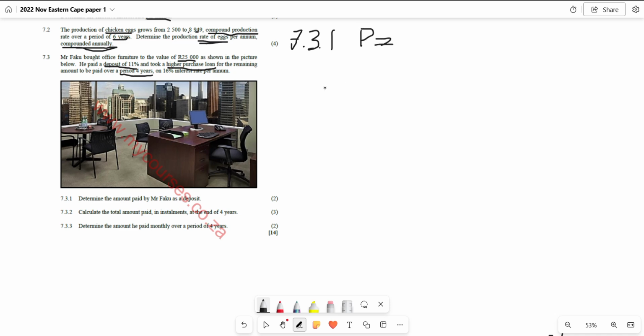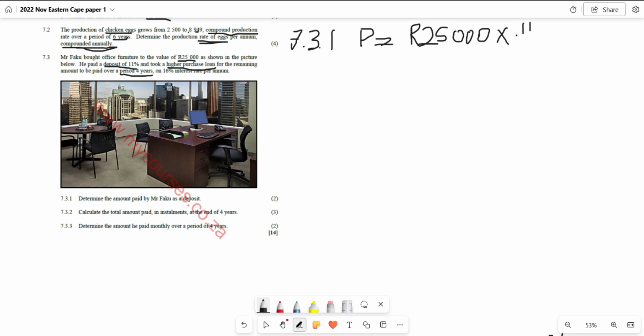Now, how do you get the deposit in rands? You are going to take the cost of an item. What is the cost of this furniture? The cost of this item, it was 25,000 rands when it was bought. Then the cost of the item, we are going to multiply with the percentage of a deposit. In this case, it's 11.